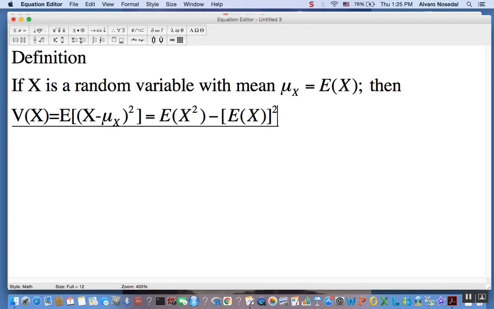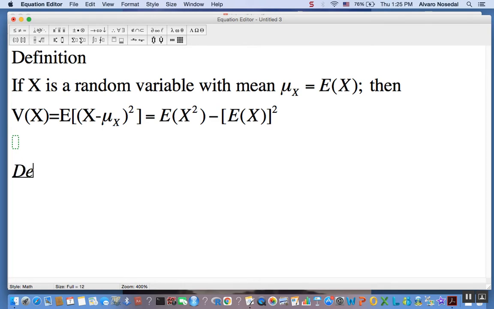Just as we have the concept of the variance, I'm sure that you saw back in STA360 that you discussed the covariance between two random variables x and y.